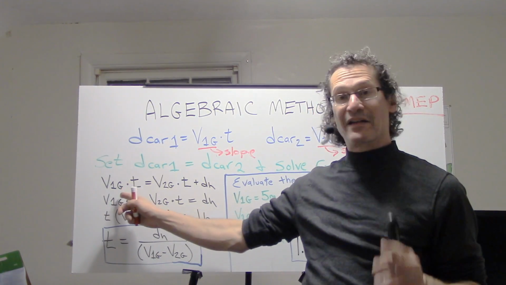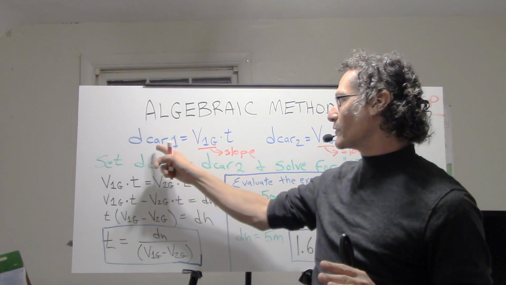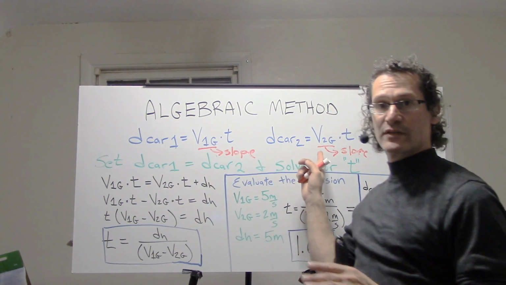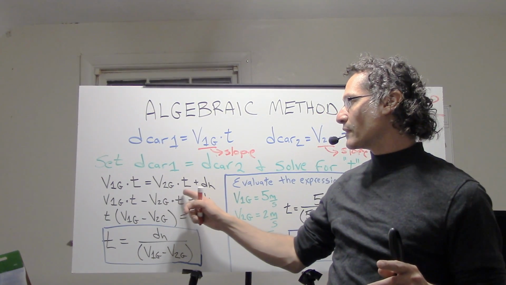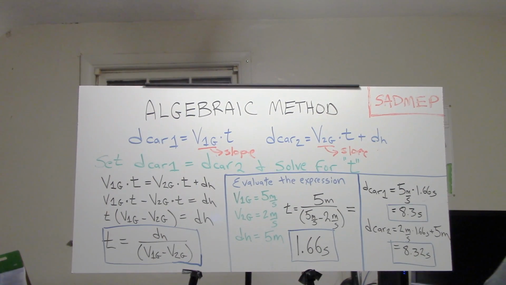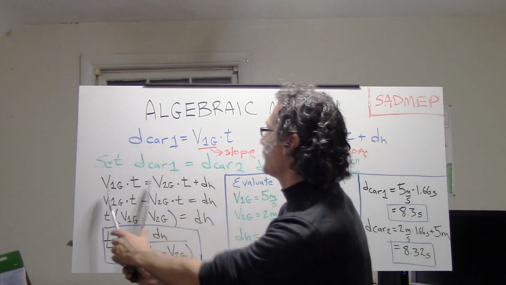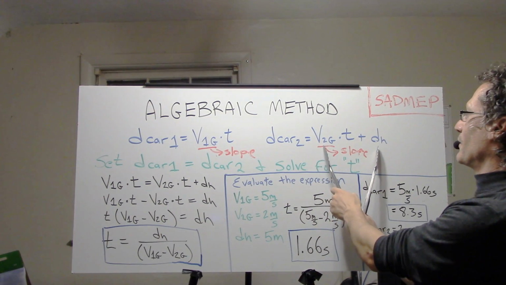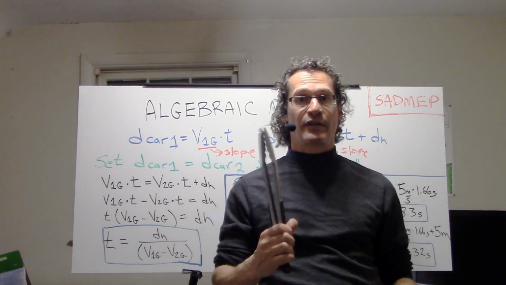So we've got v1g times t here, because d car 1 is equal to d car 2, and it's equal to v2g times t plus dh. So really what I'm doing is I'm taking this expression here, bringing it down here, and this expression over here for d car 2, and bringing it down here. And now I'm solving for t.